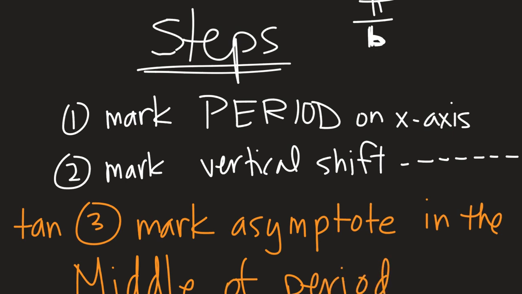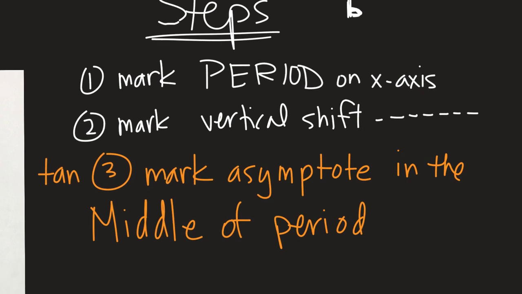Remember you marked the period on your x-axis in step number 1. So the third step here, if you have a tangent graph, is to mark the asymptote in the middle of the period.